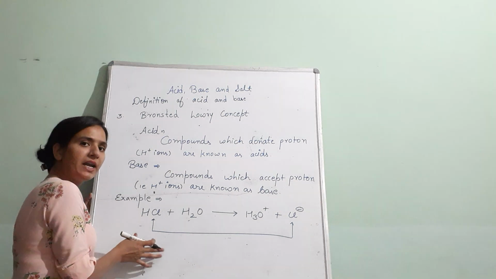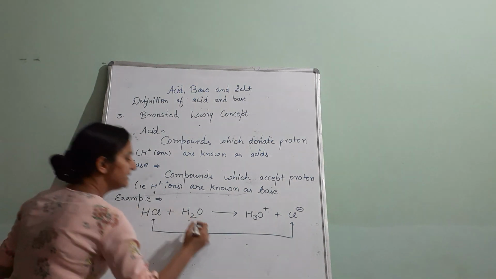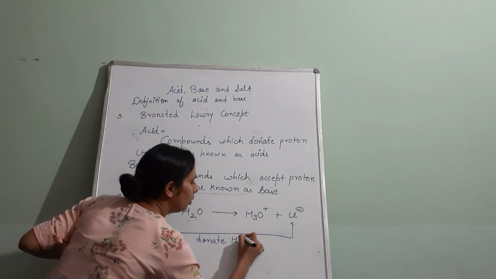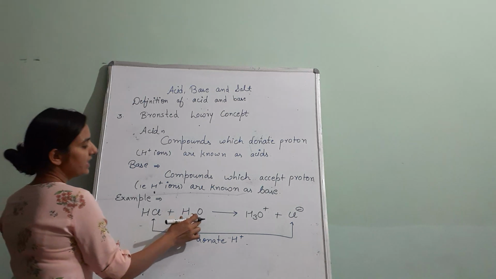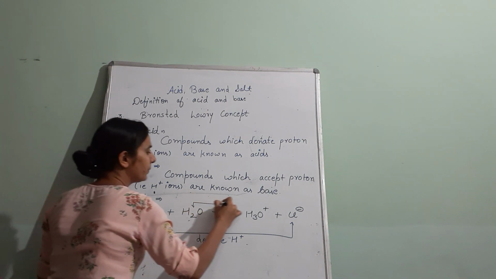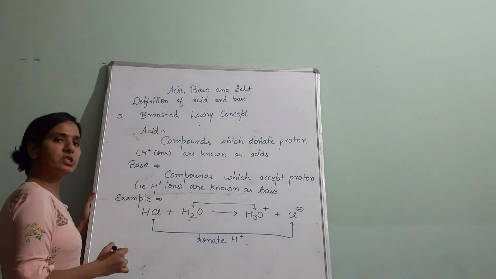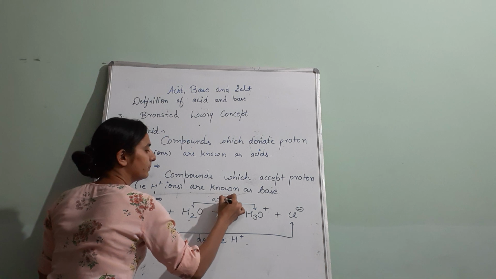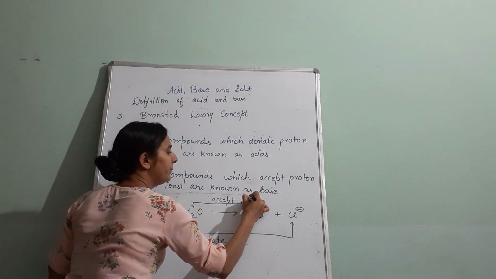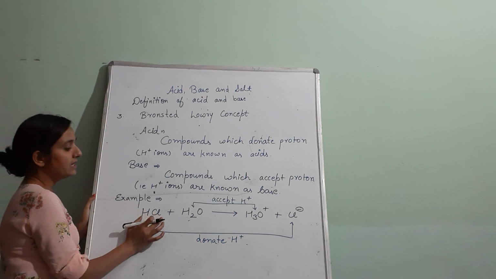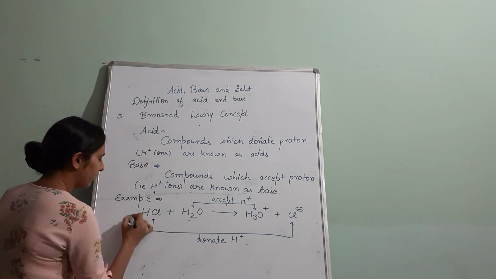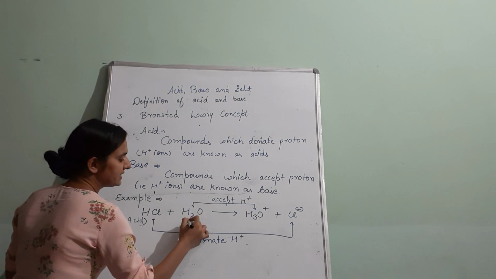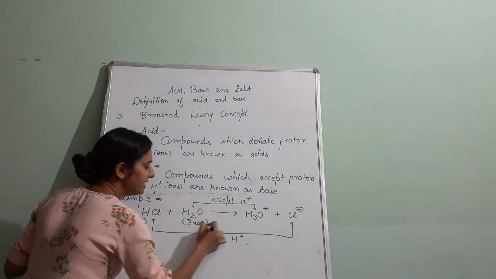Simply from this point we are able to view that HCl donates proton or releases H positive, whereas H2O is converted into H3O positive, means H2O here accepts H positive. So, substances which donate H positive are known as acid and substances which accept H positive ions are known as base.